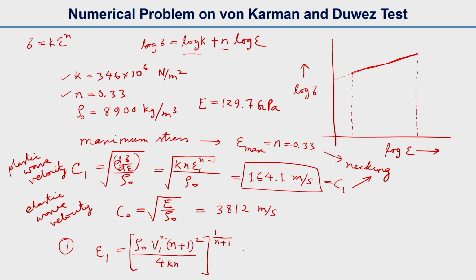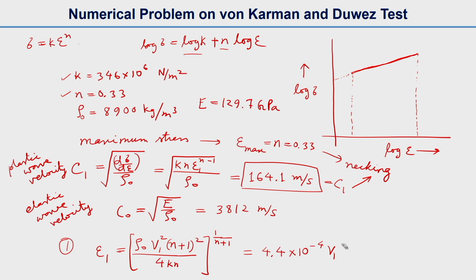Here we know the density, we know n, which is 0.33, and we know k, so we need to get the maximum strain in terms of V1, the impact velocity. If we calculate, I am not writing all the steps, but it will be 4.4 times 10 to the power minus 4 V1 squared.